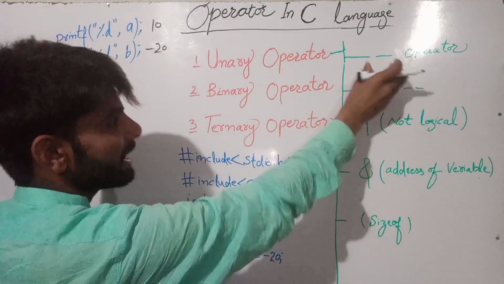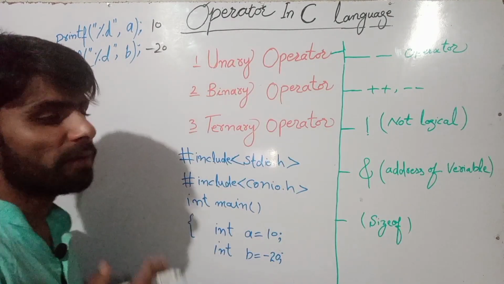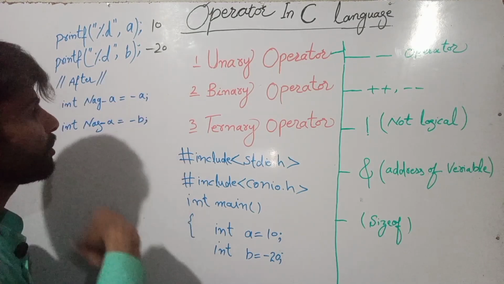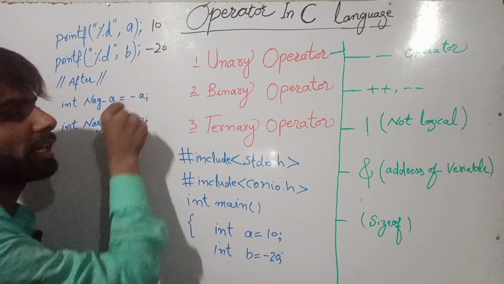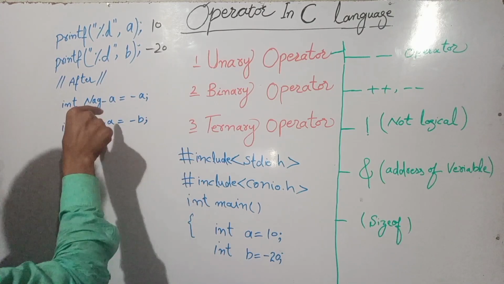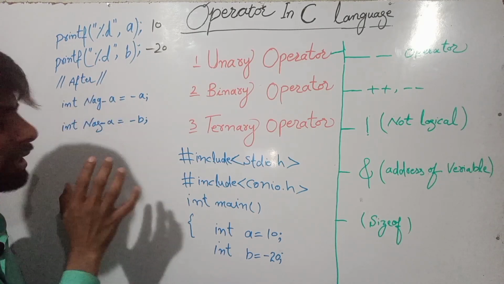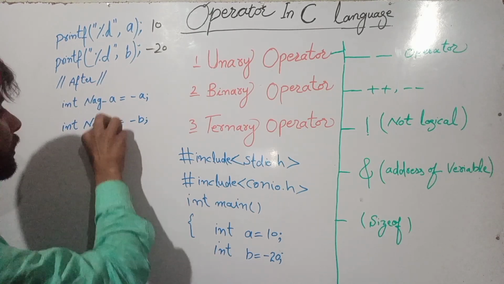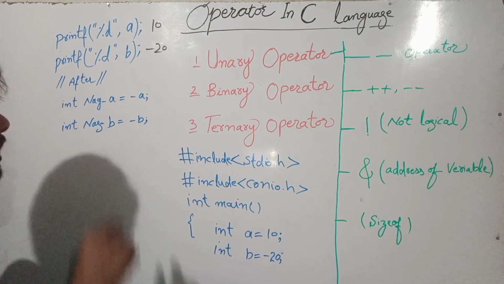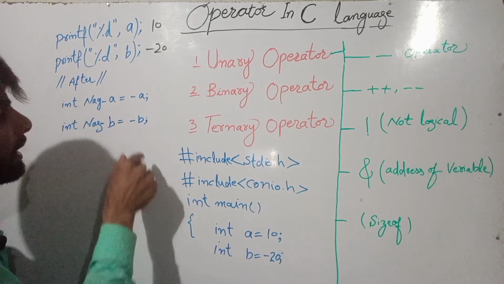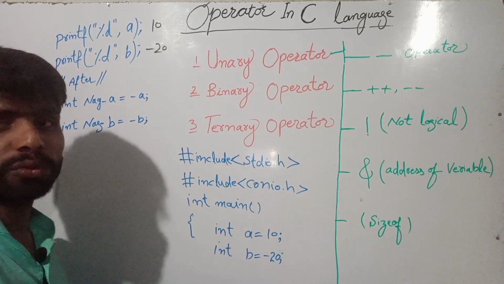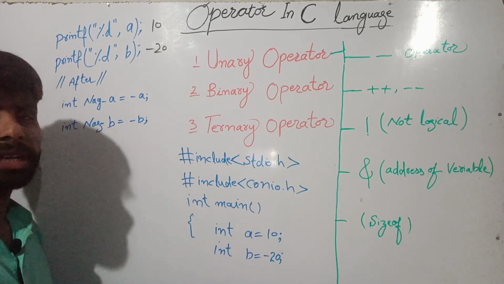Now we will use the negative operator and see what output comes. I have put the negative operator before the variables, and here I have used neg_a and neg_b. I have not reused the same variables a and b, because in the C language we are not allowed to declare the same variable twice.